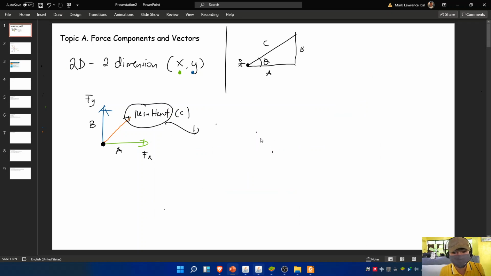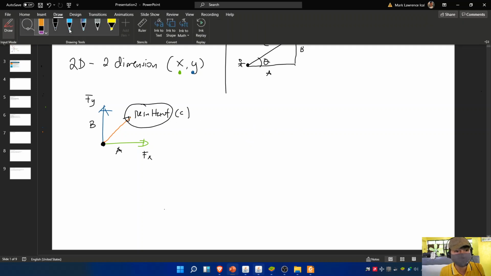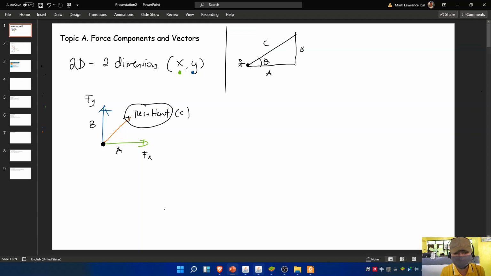So what are the formulas? Now if we're going to remember your analytic geometry and trigonometry, the formula for the hypotenuse is the square root of a squared plus b squared. And the angle between A and C, theta, is arctangent, SOHCAHTOA.